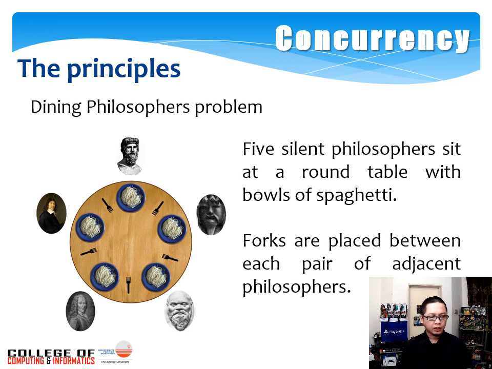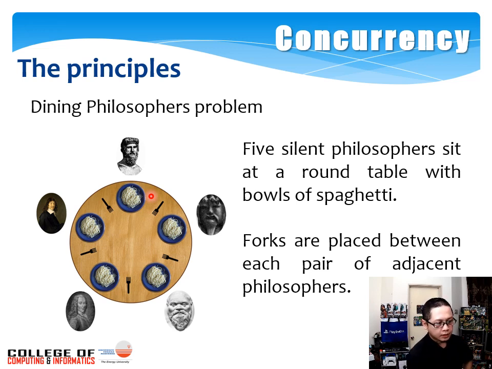In between them, you can see that there are only 5 forks. The catch here is, in order for them to finish eating the bowl of spaghetti, they need to have 2 forks at the same time. Because they only have 5, each and every one of them has to work together and share the use of forks, because sometimes not all of them can eat.